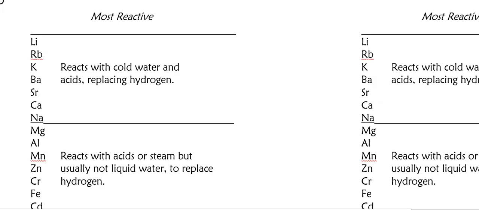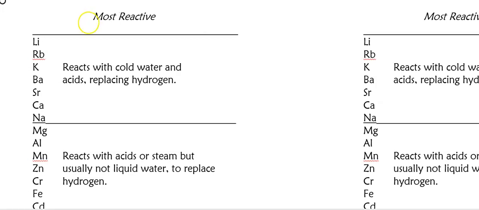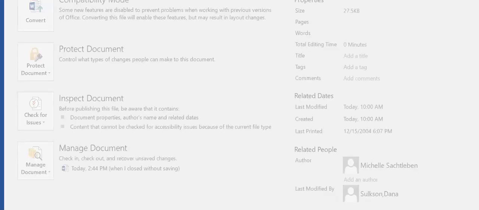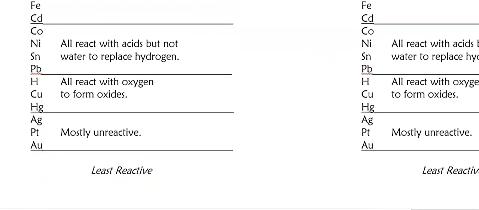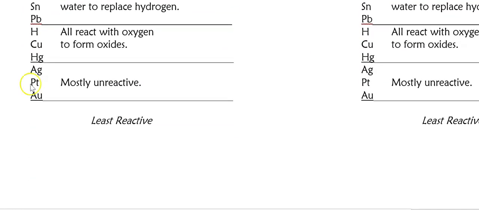Just to give you what that means, it basically is talking about the most reactive metals. The most reactive metal is your lithium. If you remember correctly, lithium was the one that would react violently in water, versus your most unreactive, your gold, platinum, and silver.